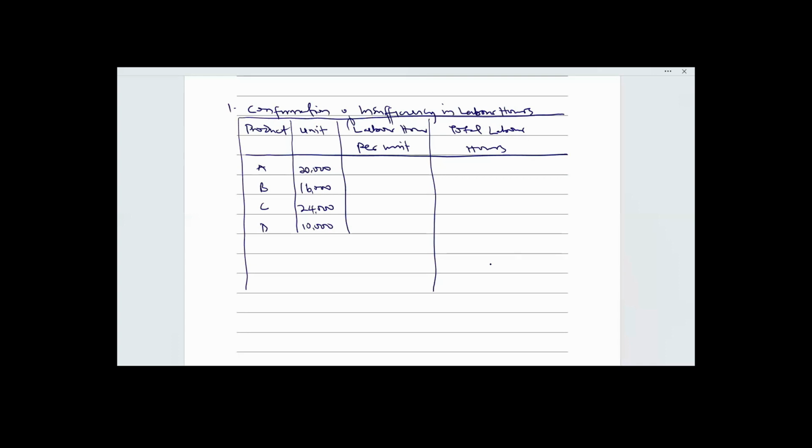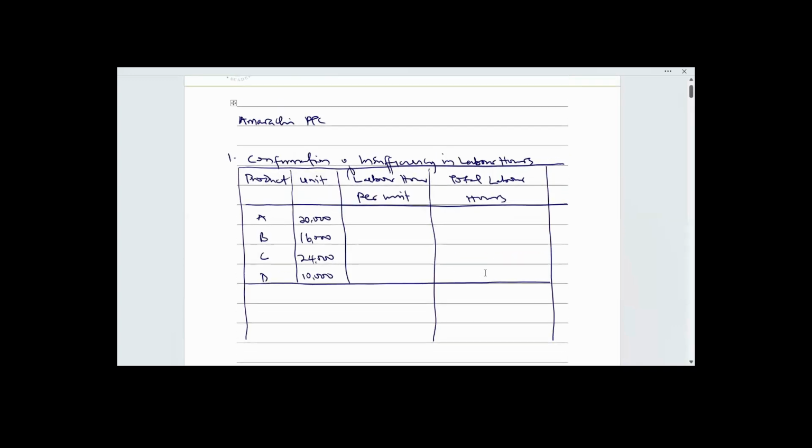The next thing we need to do now is to determine the labor hour per unit. Now, when I was explaining, there's something I forgot to tell you. When you want to determine labor hour, in the question, examiner will never give to you key factor per unit. You have responsibility to be able to determine the key factor per unit by yourself.